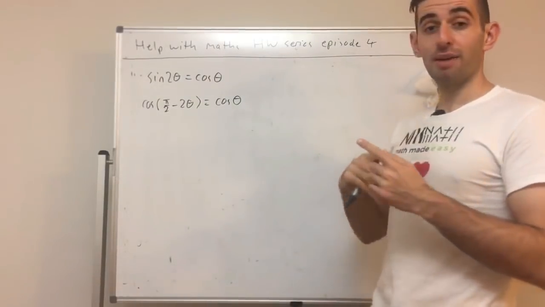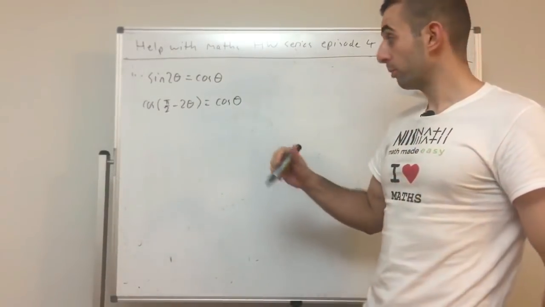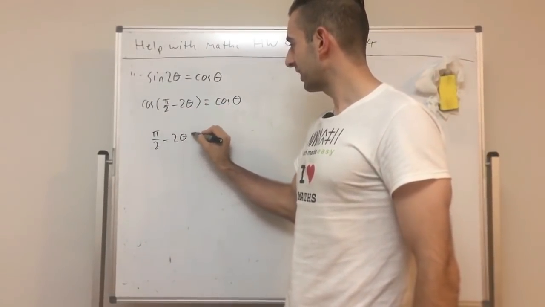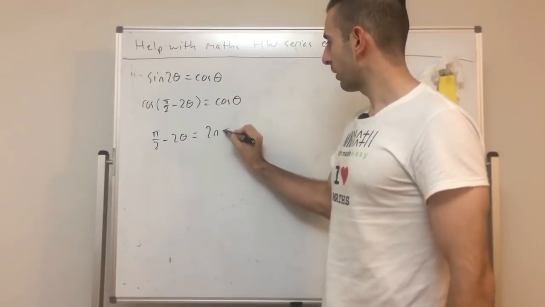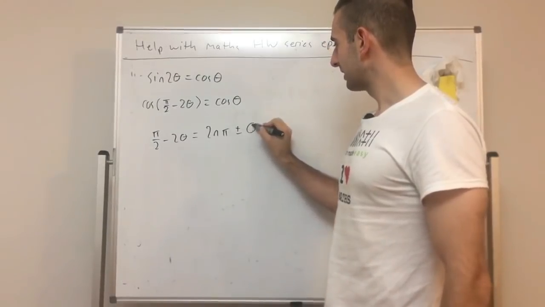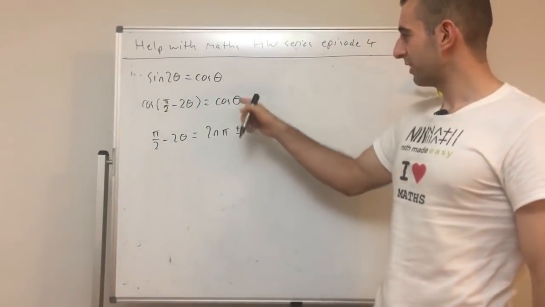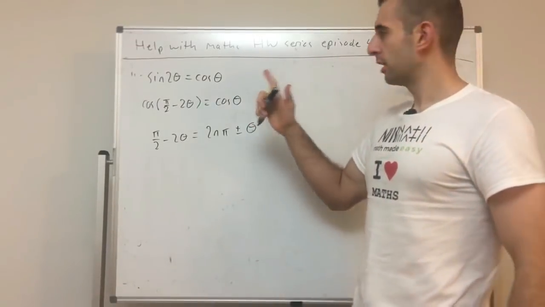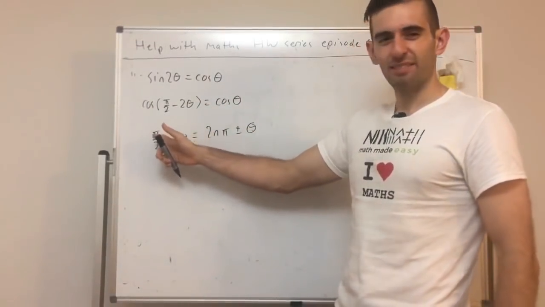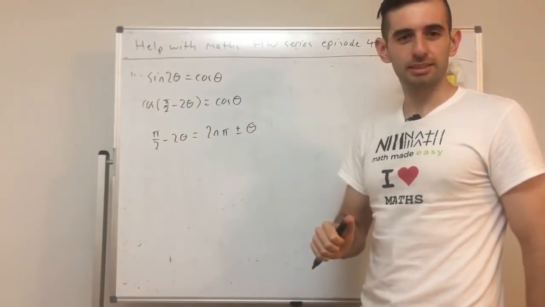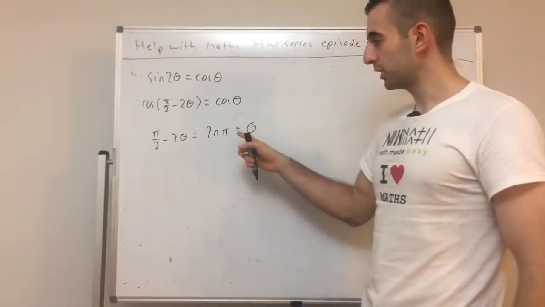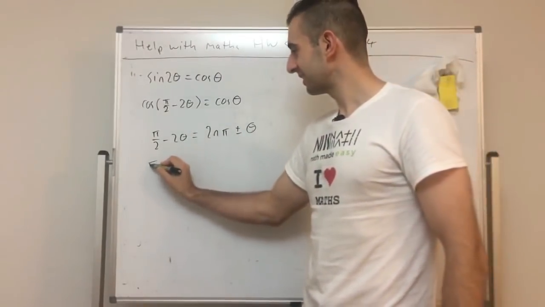So now if I apply the general solution formula, this is pi on 2 minus 2 theta equals 2n pi plus or minus theta, because the inverse of cos theta will just give you back theta. And I picked to put this one first because it would look better to have this here than that with a plus or minus. So what happens now is this is actually two different equations with the plus and the minus.